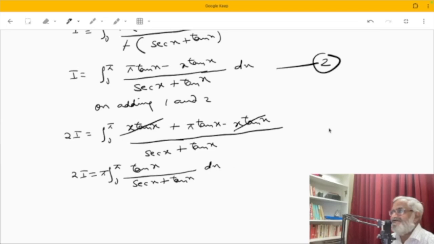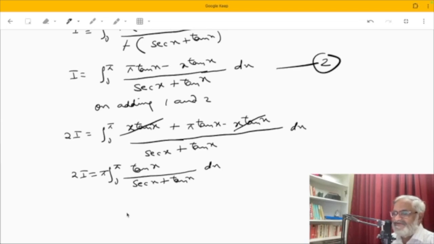So our hurdle is removed. What was the trouble? It was x, and that x is removed. Now tan x upon sec x plus tan x is integrable very easily.